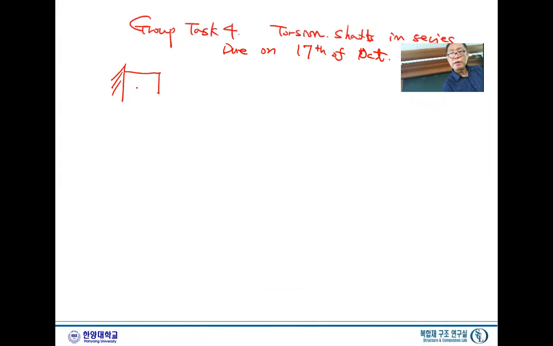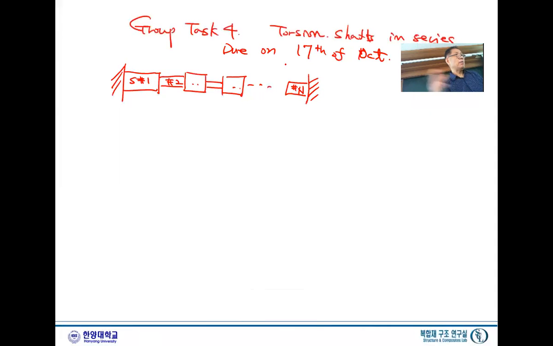Okay, I'm going to explain again about this task 4. Basically, many shafts are connected in series. And this is shaft number 1 and shaft number 2 and so on, and shaft number n.